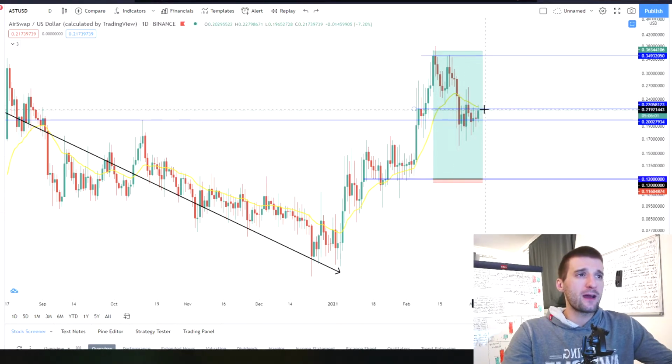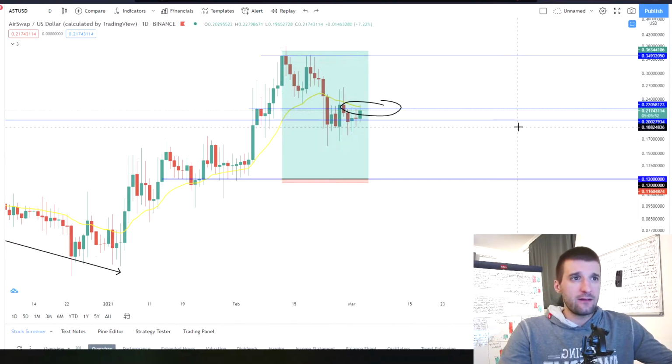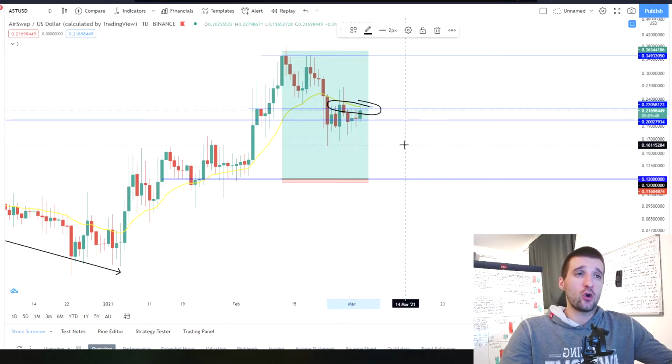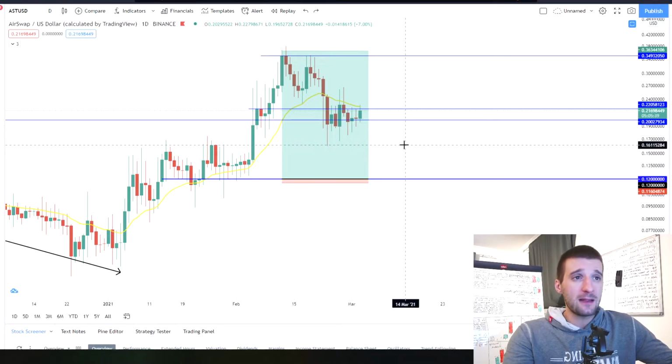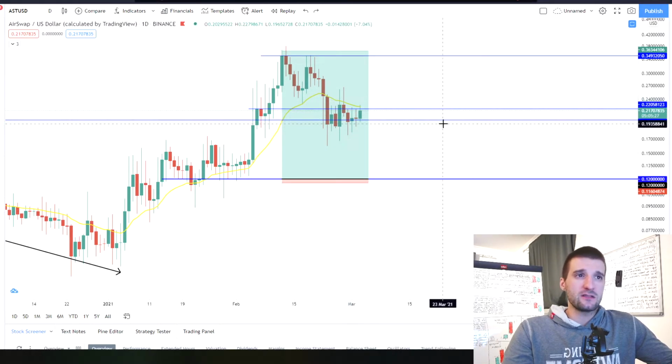The only problem right now is that we are seeing some sort of decline from the 20 daily exponential moving average, but I do believe this could be broken very soon, since we're consolidating and hitting the 20 exponential moving average all the time. Whenever some level of resistance or support, as we discussed on this channel, is getting hit all the time, that level is strong but is getting weaker and weaker with every hit on it. So as you can see, the daily chart has retested this many times, and we are going to see a breakout.